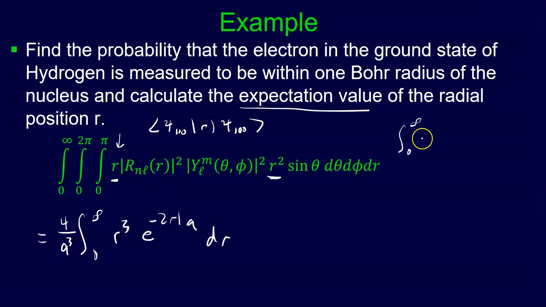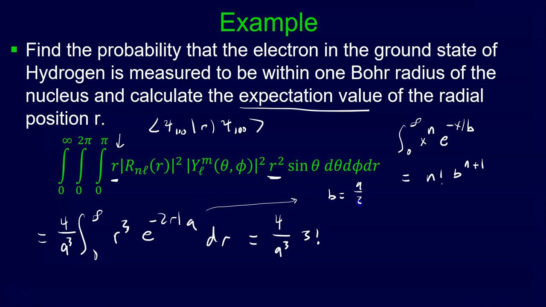The integral from 0 to infinity of x to the n times e to the negative x divided by some coefficient b comes out to be n factorial times b to the n plus 1 power. If we look at that here, we've got our coefficient 4 over a cubed outside, and then I'm going to have 3 factorial, and then this factor of b, which in our particular equation is a divided by 2.